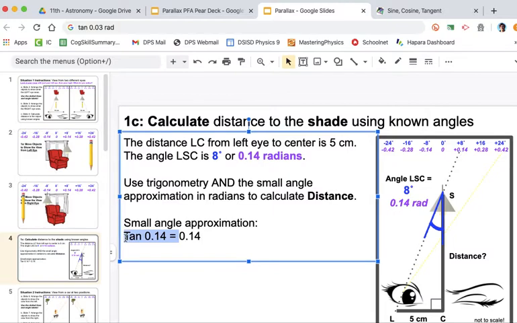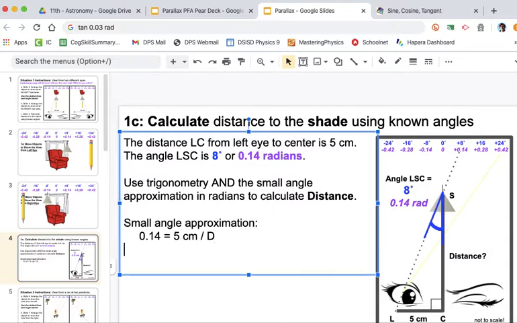So I can just get rid of the tangent completely and say, okay, 0.14 equals 5 centimeters divided by distance. And then I can solve in exactly the same way that I did before: multiply both sides by d, and then divide both sides by 0.14, and I solve this out.